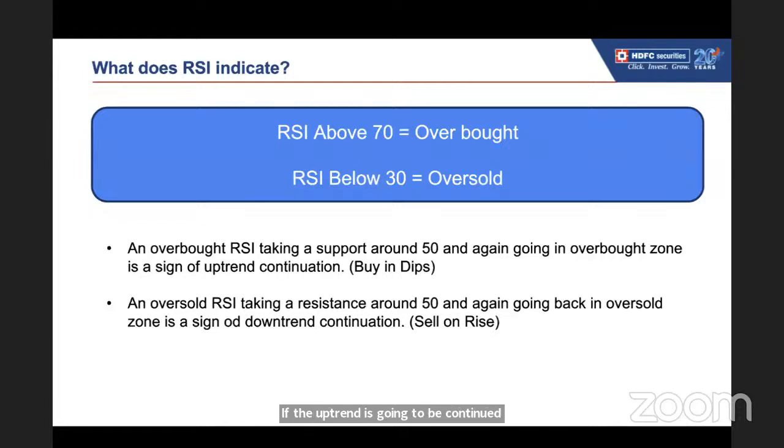Okay, if that entity or that stock is going to keep going upwards, what will happen with RSI is that whenever it comes down a little, a small pullback, RSI will come to 50. Okay, RSI will touch 50 and go up again. Alright, so whenever you observe a pattern that RSI is coming to 50 and then again going upwards, then again coming to 50, then again going upwards, it means that this particular entity is forming a buy on dips structure.